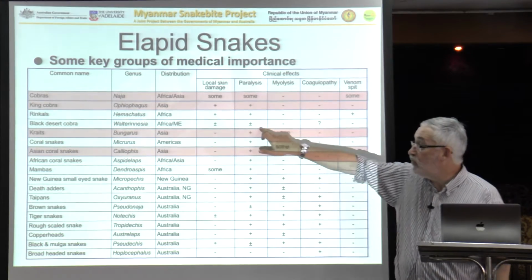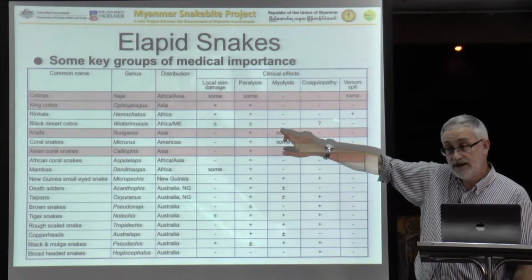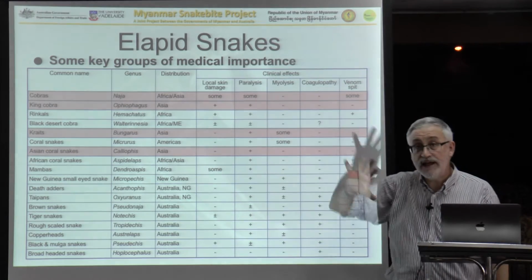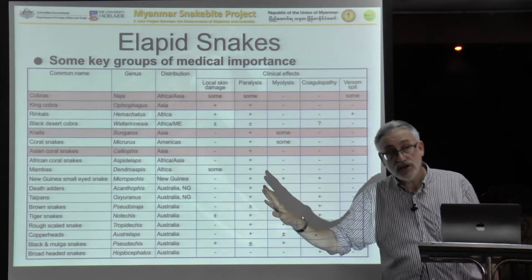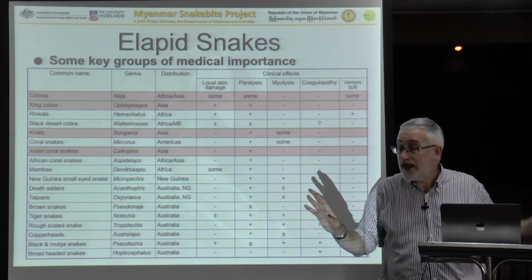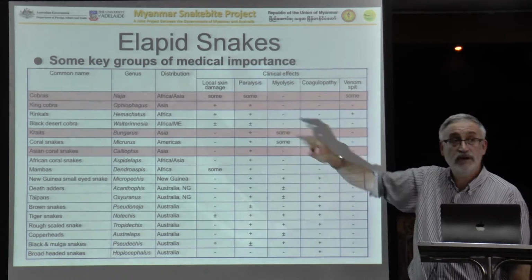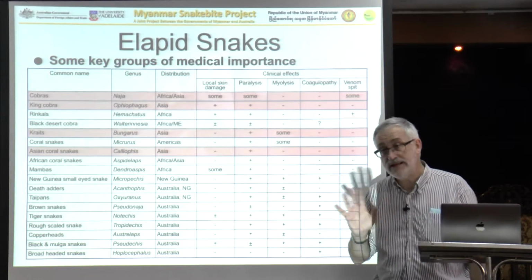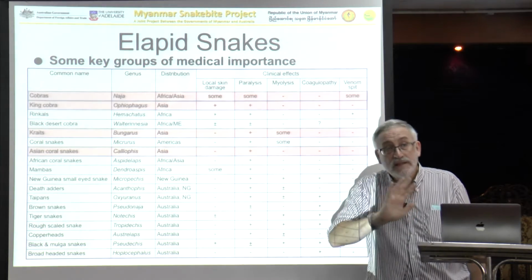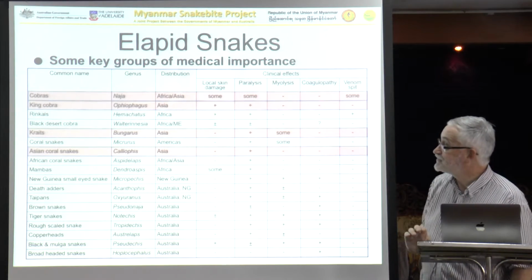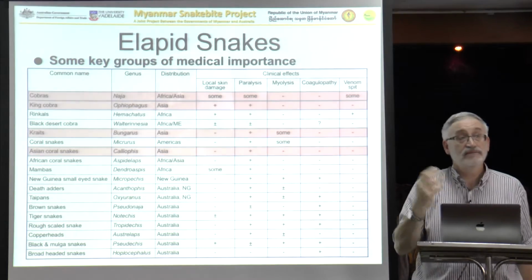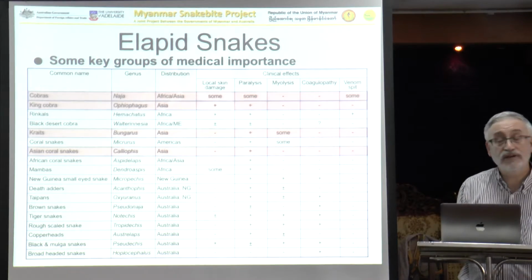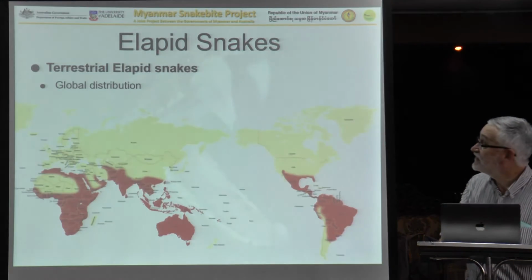So we're not quite sure why you're seeing so few krait bites, because in the rest of Asia, in Southeast Asia to the east, in India to the west, kraits are a major problem. So we don't know why they're less of a problem in your country. We need to study and understand that more. King cobras, relatively rare as a cause of bites.